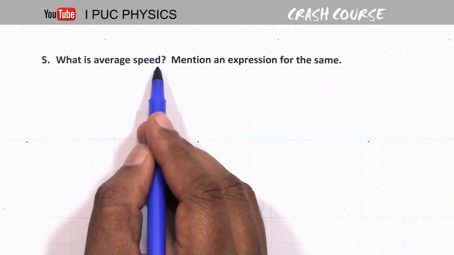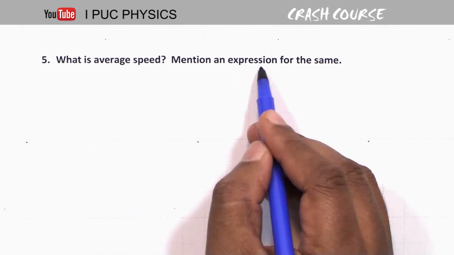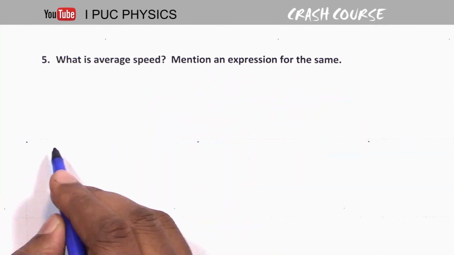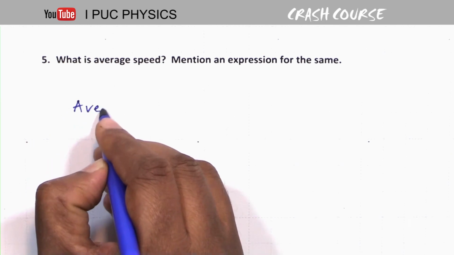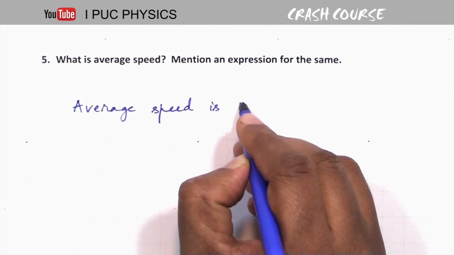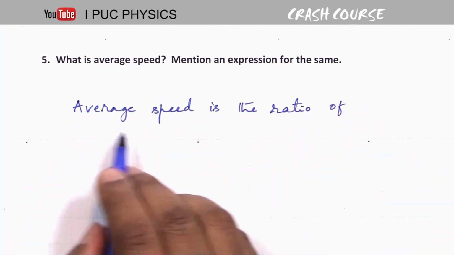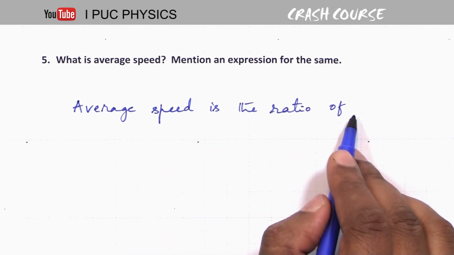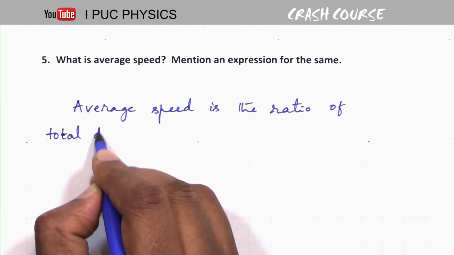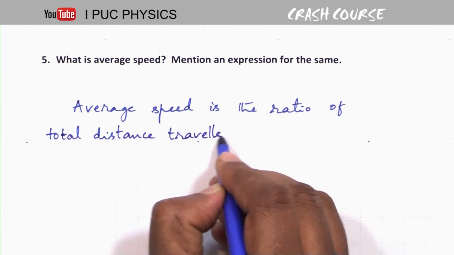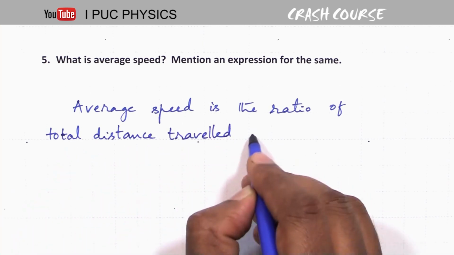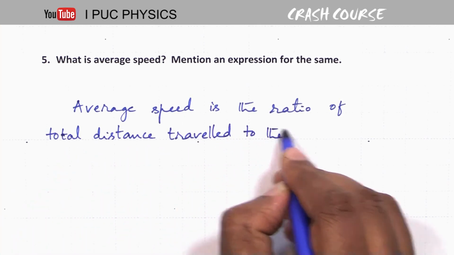What is average speed? Mention an expression for the same. Average speed is the ratio of total distance traveled to the total time taken.